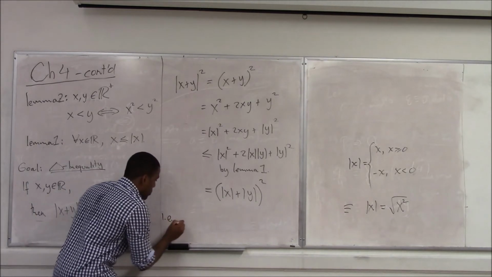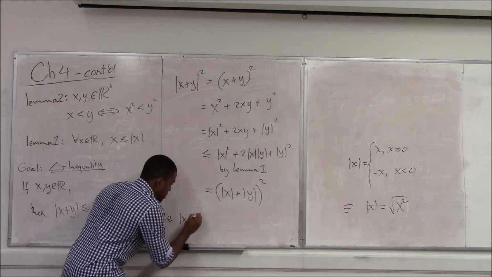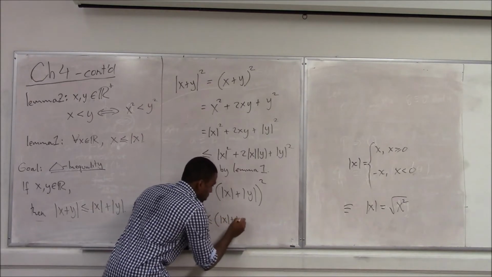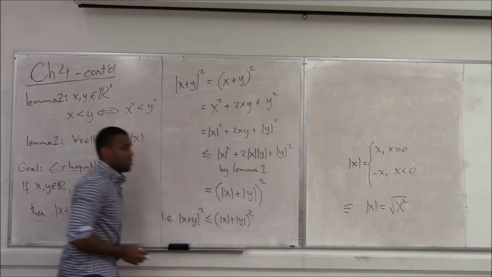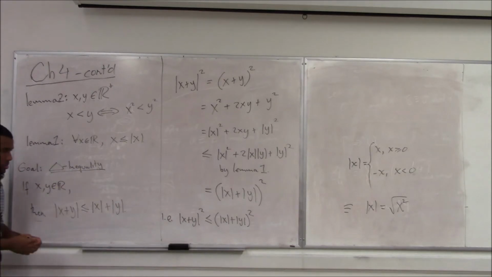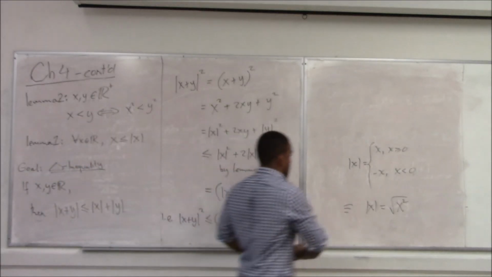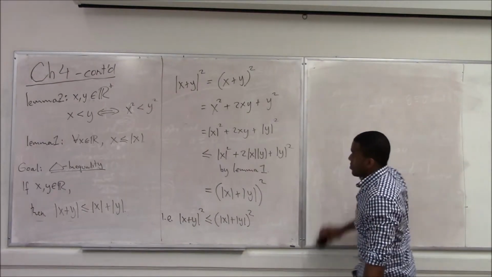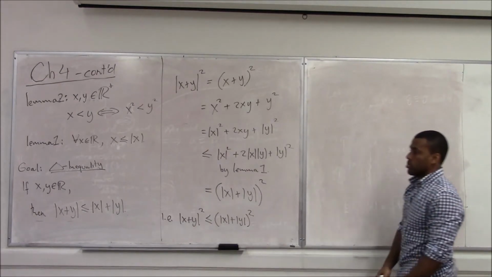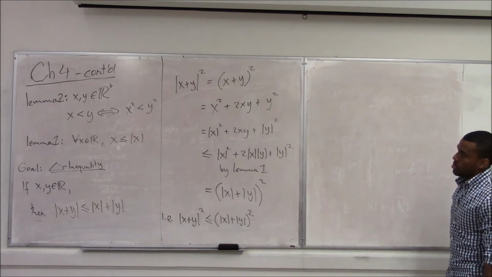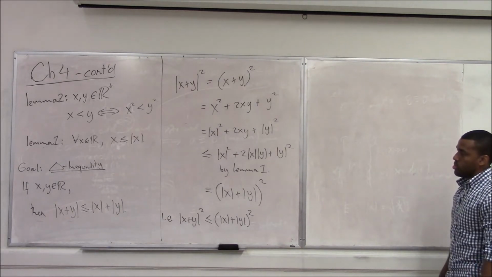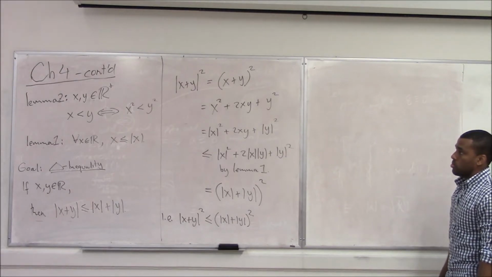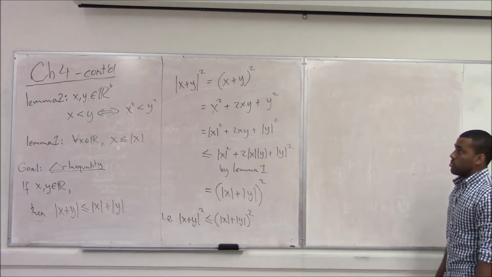That is, what we've proven is that absolute value of x plus y squared is less than or equal to absolute value of x plus absolute value of y squared. Now what? Take the square root.